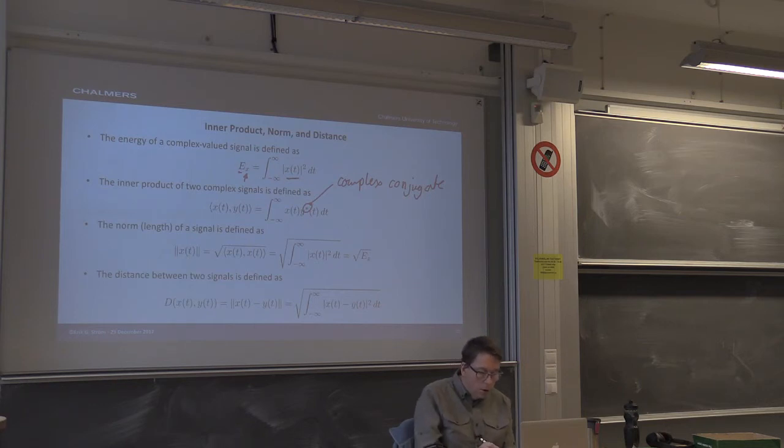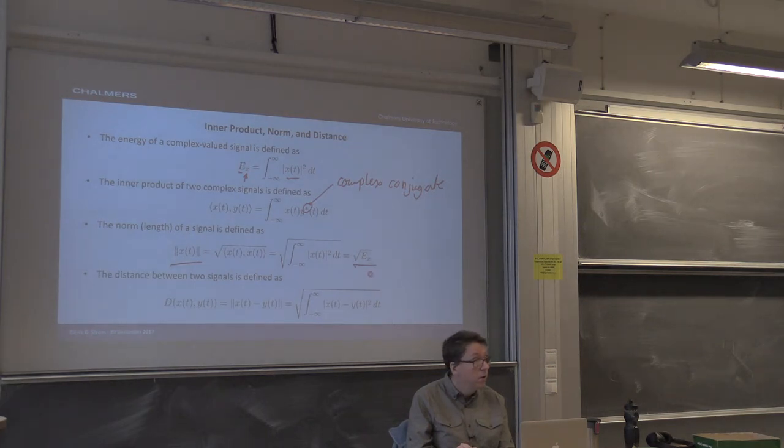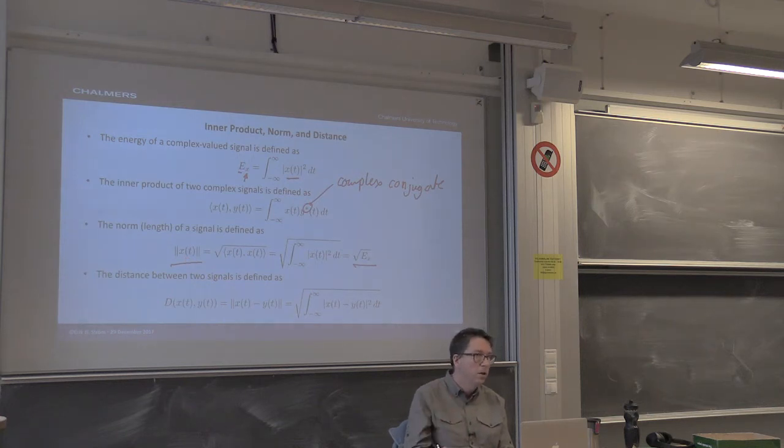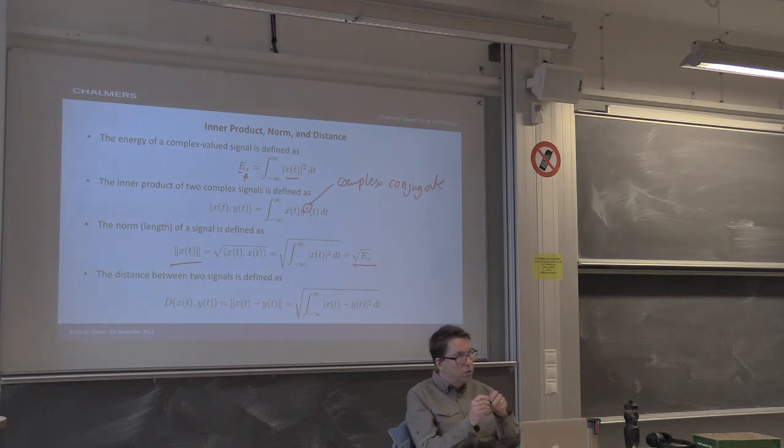So the length or the norm of x is the square root of its energy. And this is a real valued positive number. Why? Because magnitude squared is a positive number, and when we integrate that we get a positive number, possibly 0, but not negative. Therefore it's safe to take the square root of it, and it will produce a real valued number. So this is a number between 0 and potentially infinity, but it's never negative. That's nice, because a length, as we think of it, is a positive number.